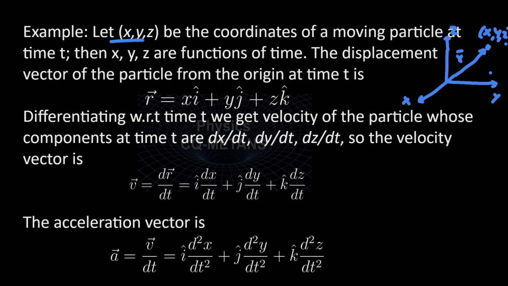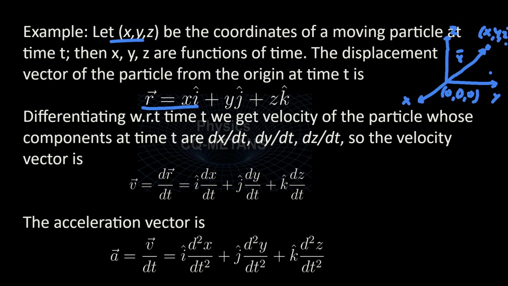Remember, when we discussed the line, we said r is equal to x minus x naught i cap plus y minus y naught j cap plus z minus z naught k cap. Same way we are doing over here, but the x naught, y naught, z naught in this case are 0. So the displacement vector is given by r is equal to x i cap plus y j cap plus z k cap.